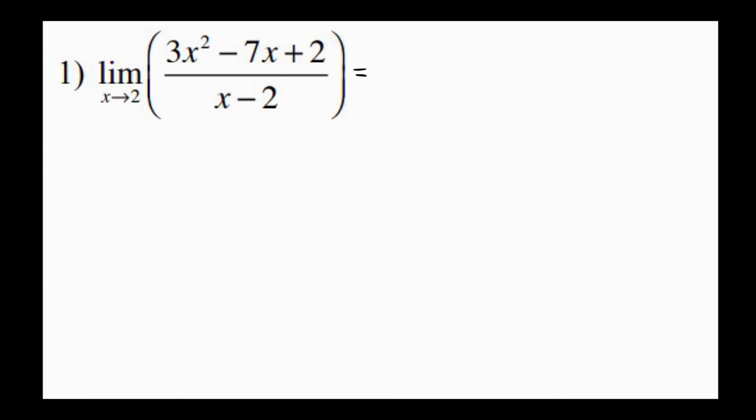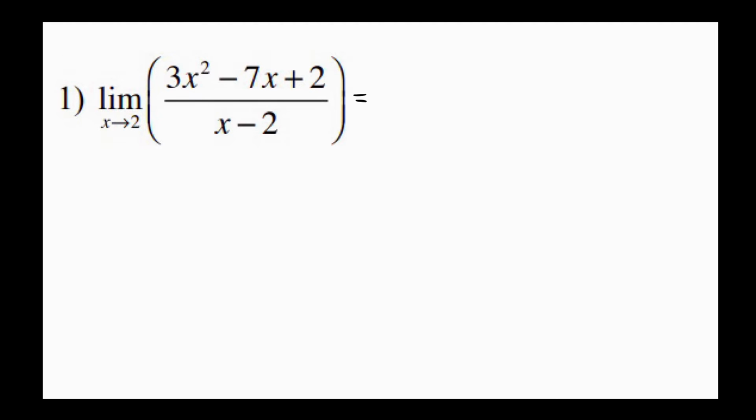So if I square 2, I get 4. 3 times 2 is 12. Minus 7 times 2, which is 14, plus 2. And then on the bottom, I get 2 minus 2, which is 0. On top, I get 0 as well. So I get 0/0, right?